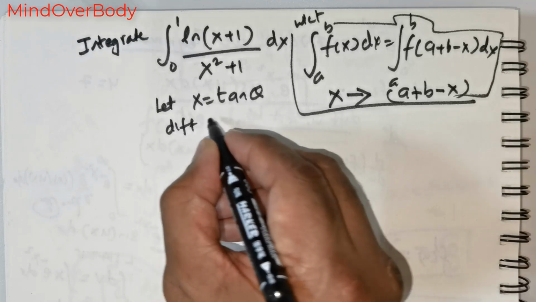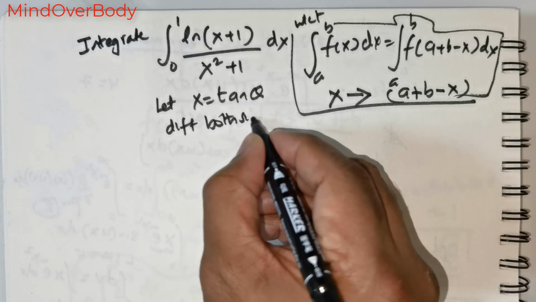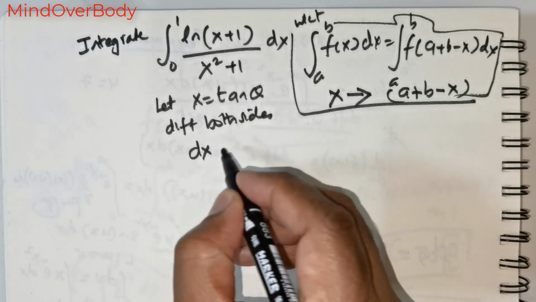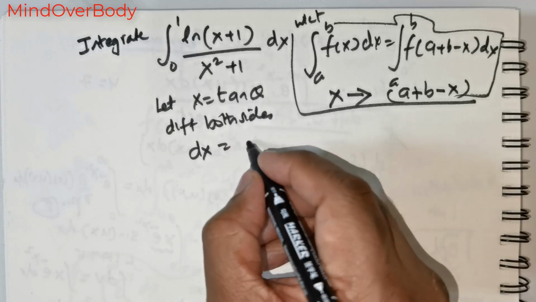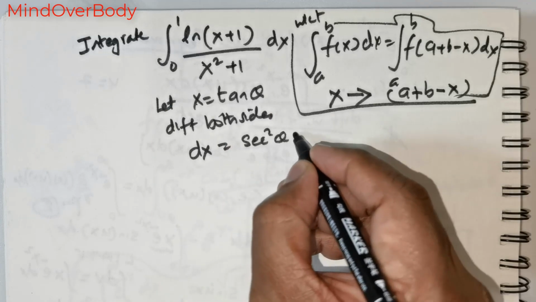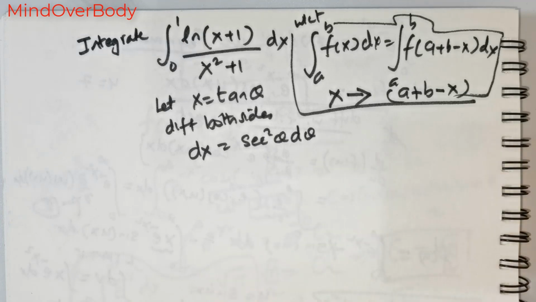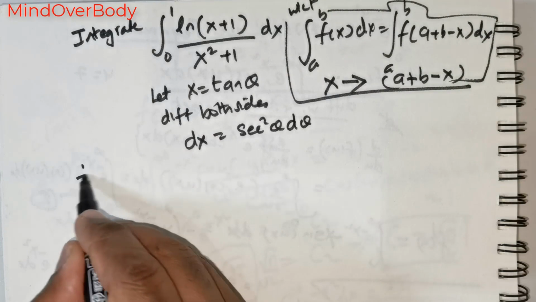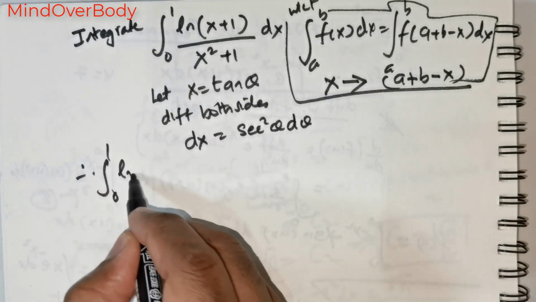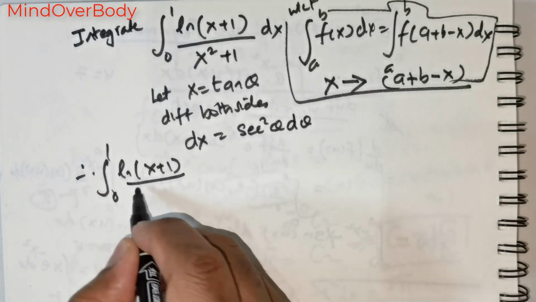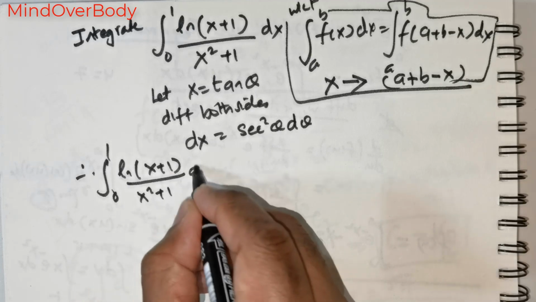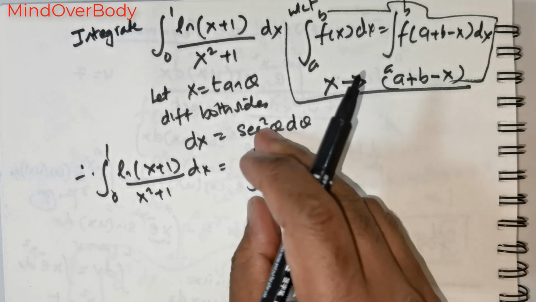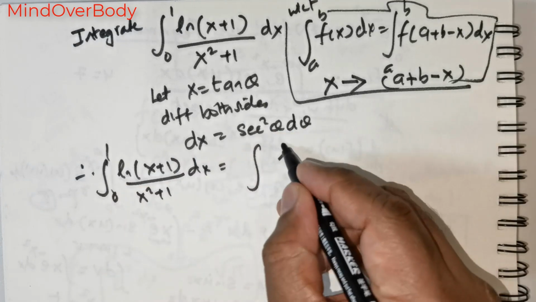I differentiate both sides. When I do that, on the left I get dx, on the right differentiation of tan theta is secant squared theta times d theta. Okay, fine. So therefore, integral 0 to 1 ln of (x + 1) divided by (x squared + 1) times dx is rewritten as, I'm not going to do anything with the limits, let me come back to the limits.